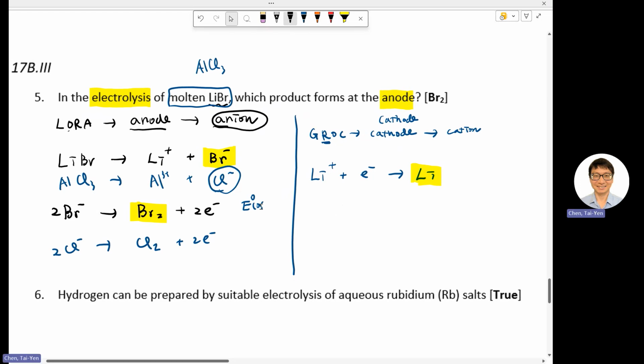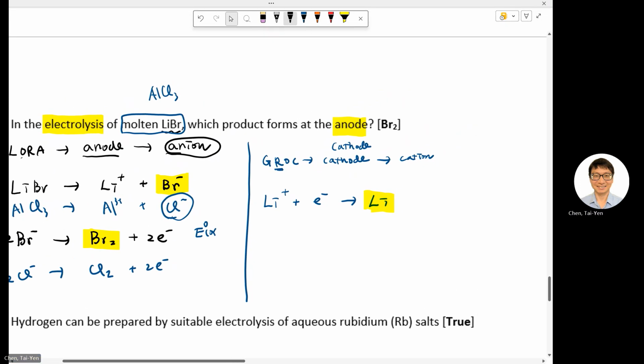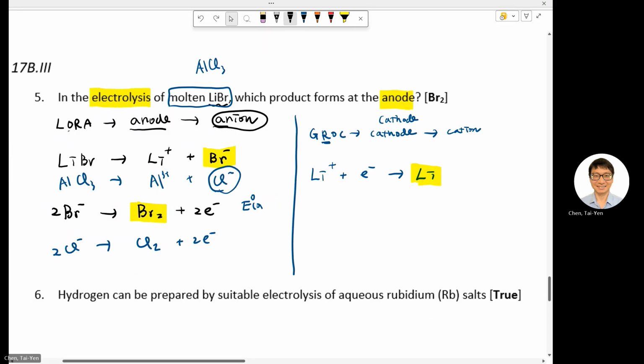In this case, you want to consider the oxidation potential of your Br- and the Cl-. Whichever is less negative will be the species that is oxidized first.